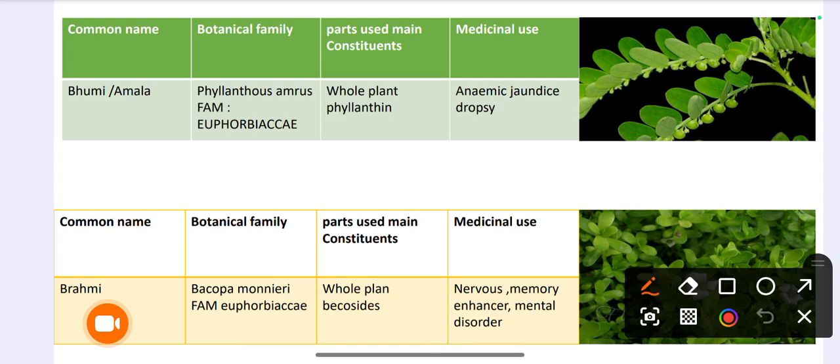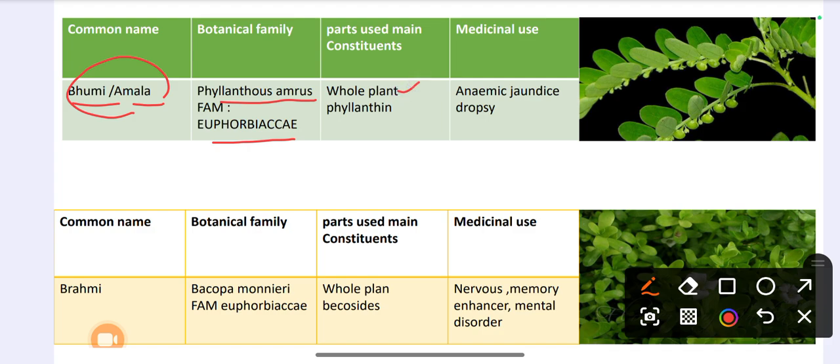Next plant is bhumi amla. The other name is Phyllanthus amarus. Which botanical family is bhumi amla? Euphorbiaceae. What parts are used? Whole plant.